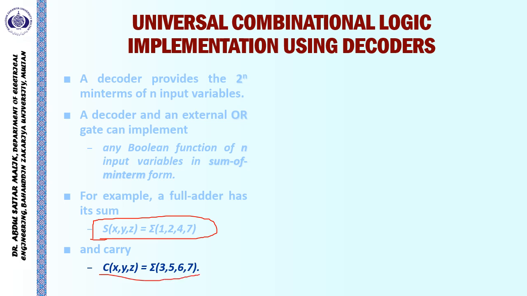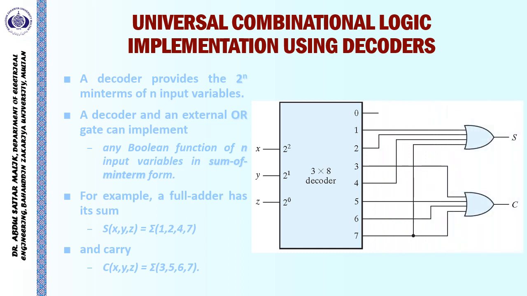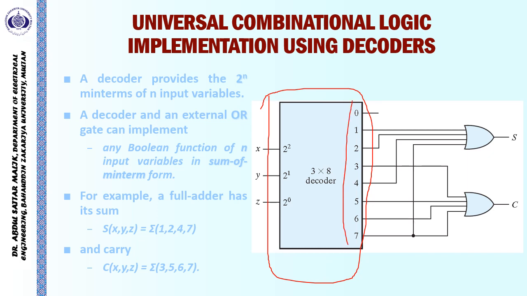So having this information in our mind, we will have a 3 to 8 line decoder, having 3 inputs X, Y and Z, and since it has got 8 output lines, we will treat all these 8 output lines as 8 minterms.